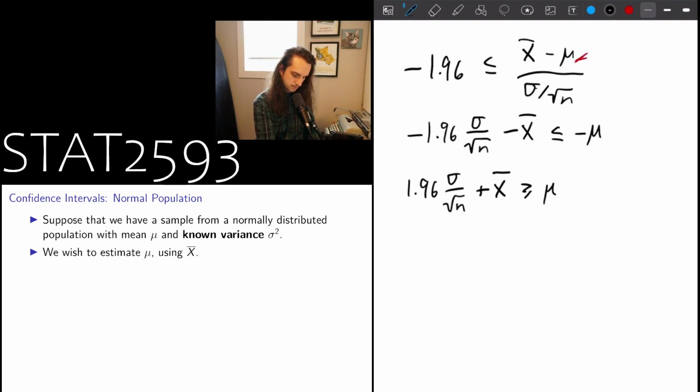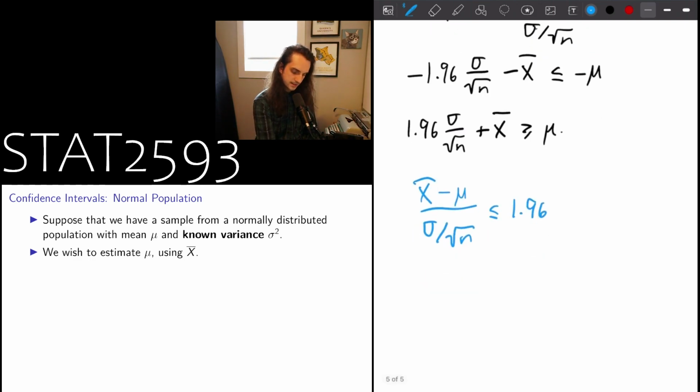If we do the exact same thing from the side of (x bar minus mu) over sigma over the square root of n being less than or equal to positive 1.96, we'll find, when we solve through this, x bar minus 1.96 sigma over square root of n.